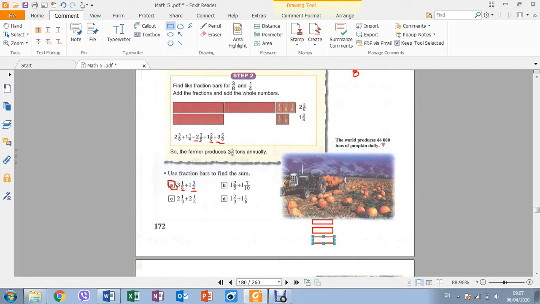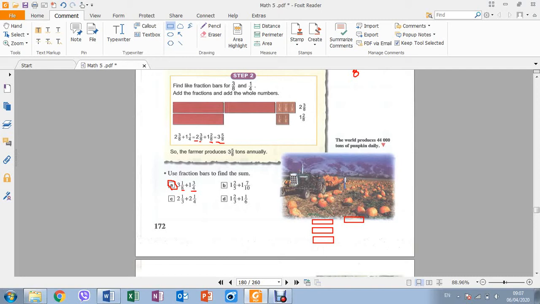This 3 is because we have 3 whole numbers, and 1 next to them. We draw 1 bar. So our whole number is what? This is 1, this one is 1, and this one. So each one equals 1. Now, how many bars do we have?